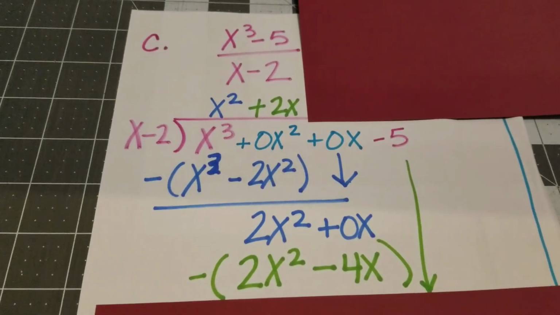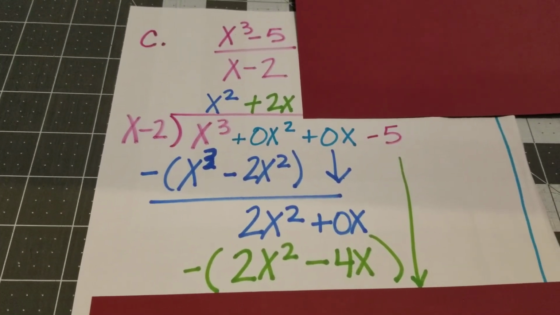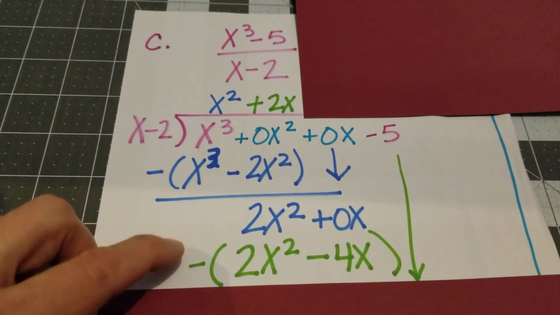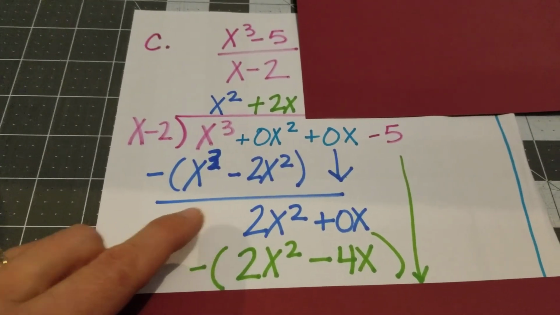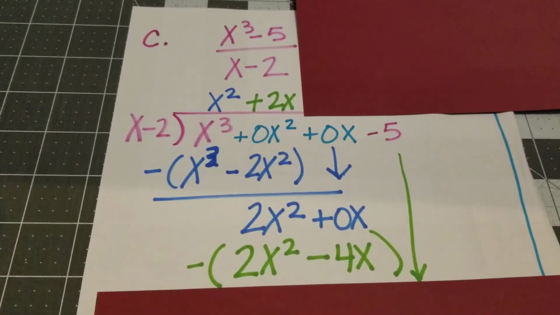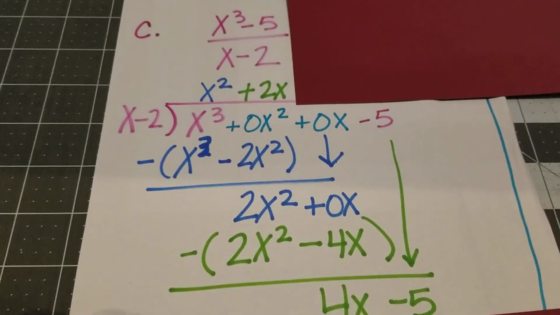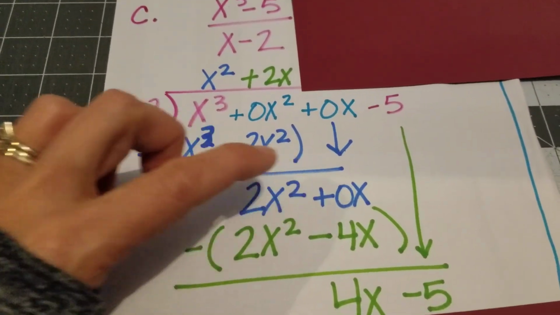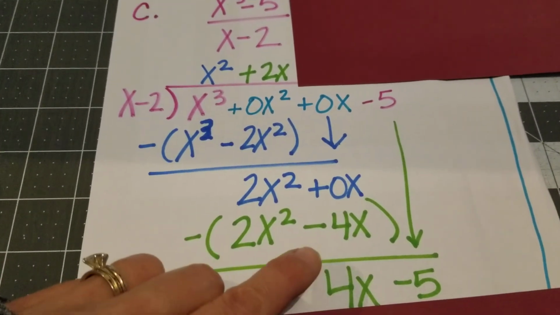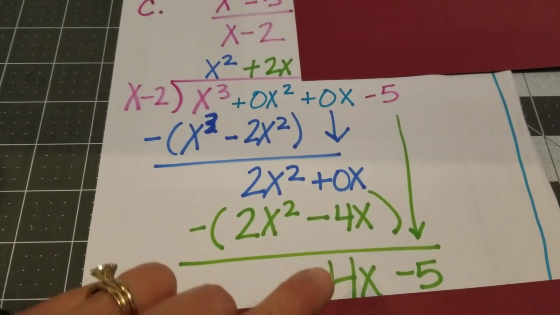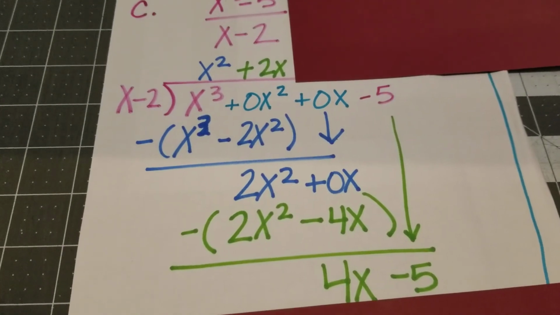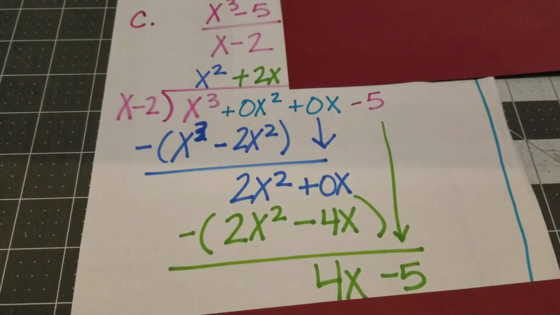Okay. Then I subtract. So I take my 2x squared minus 2x squared, and that's going to give me my 0x squared, which I just didn't write. And then I have 0x minus a negative 4x, which is plus, so that gives me my 4x. Then I bring down my negative 5.